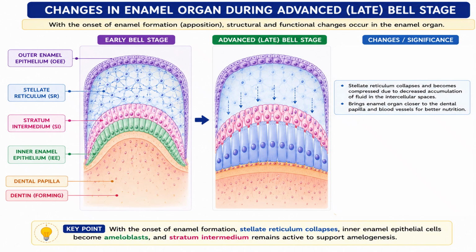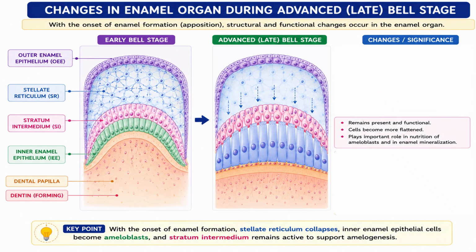Coming to the stellate reticulum, it begins to collapse and becomes compressed due to decreased accumulation of fluid in the intracellular spaces, and it brings the enamel organ closer to the dental papilla and blood vessels for better nutrition.